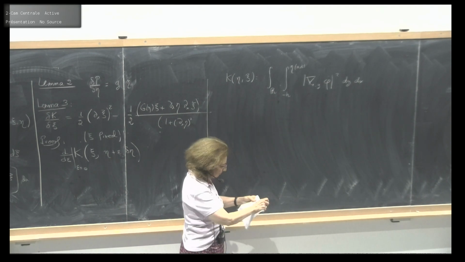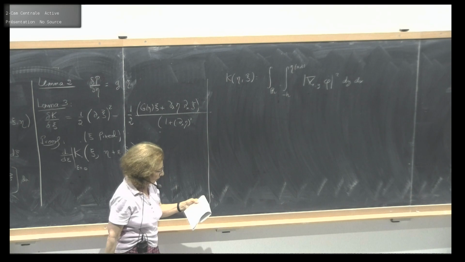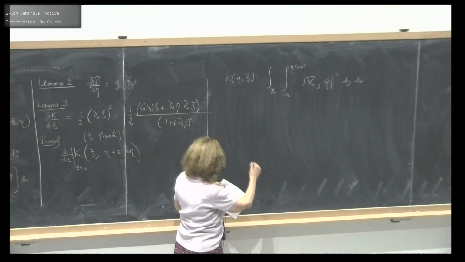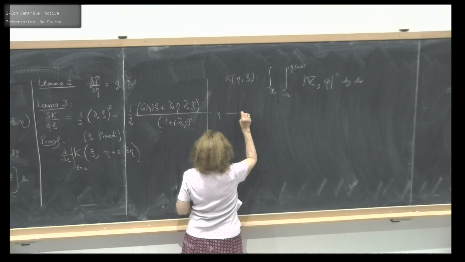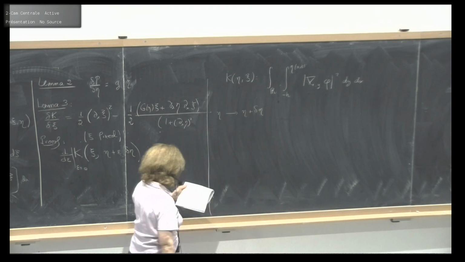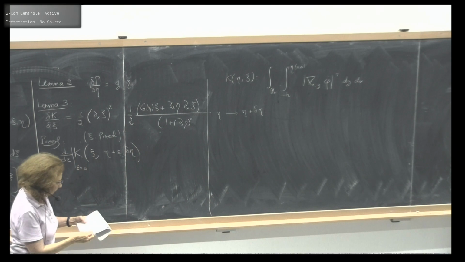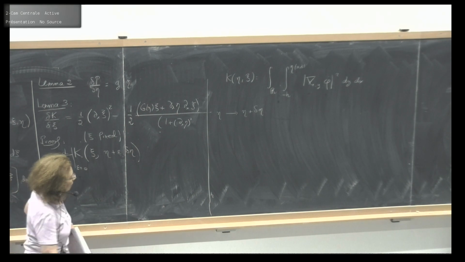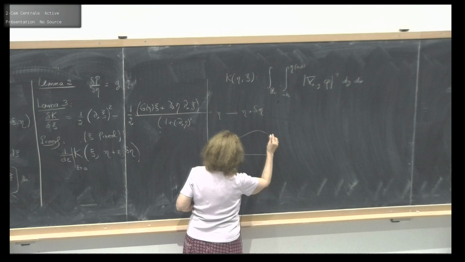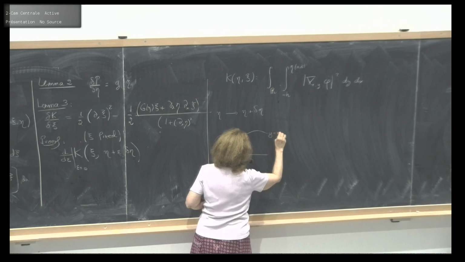So we want to perturb from eta to eta plus delta eta. What happens, we have this domain. That's fixed, that's y equals eta, right?